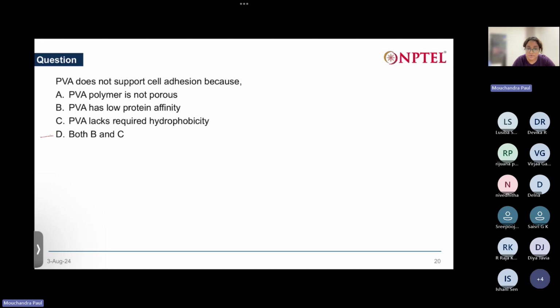So would anyone else like to try? One person is saying it is both B and C. Do others agree, or do you have any other option in mind?